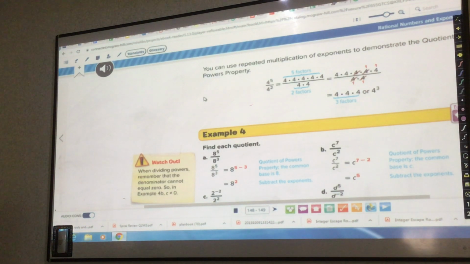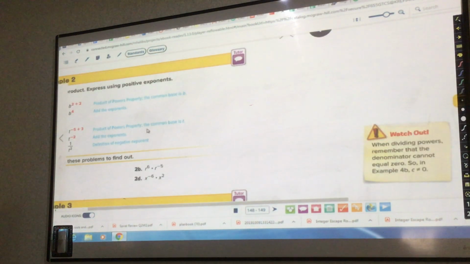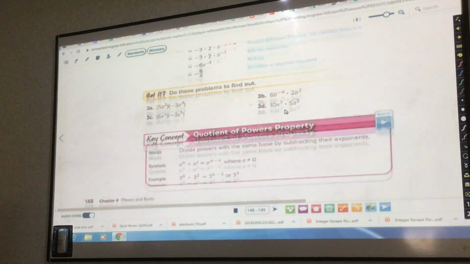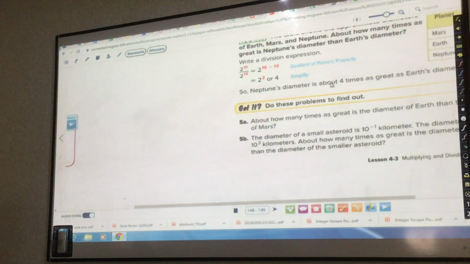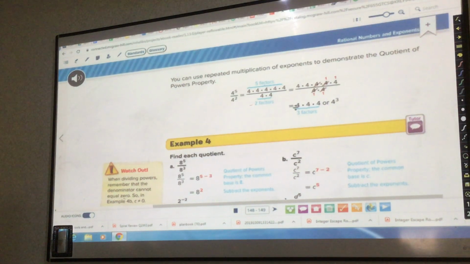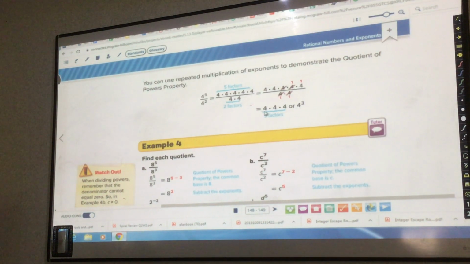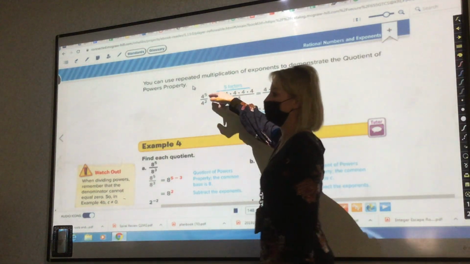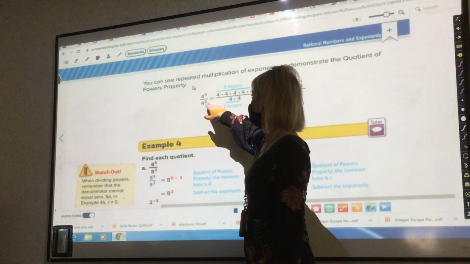So it says, you can use repeated multiplication of exponents to demonstrate the quotient of powers property. So I have 4 to the 5th divided by 4 squared.